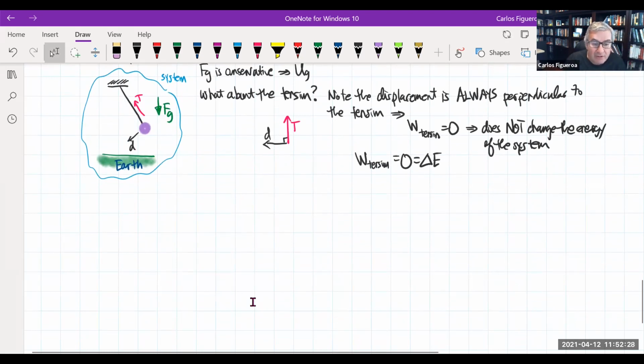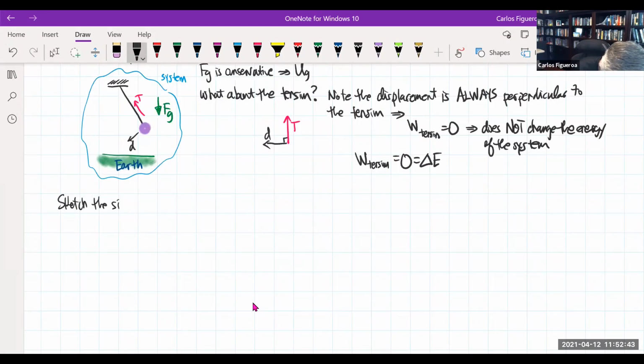So now I want to look at the bottom. So let's set up a picture here. Now let's sketch the situation. If I sketch the situation, here's what I'm seeing.